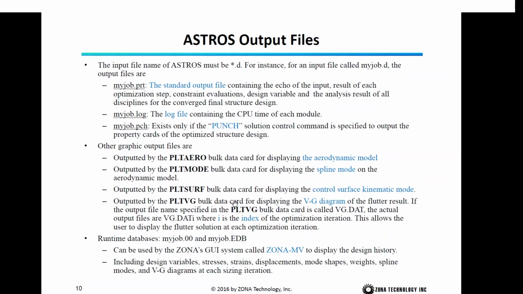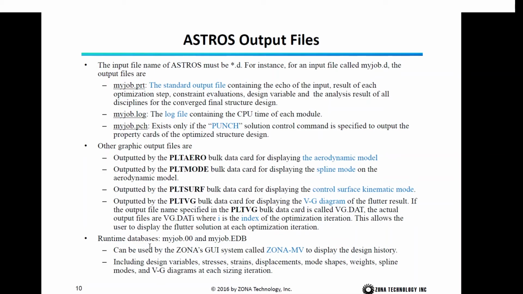In the plot VG card, for example, you define an output file name called vg.dat. The actual output files are vg.dat.i, where i is the index of the optimization iteration. So if ASTROS uses 20 iterations to find the optimized structure, then you have 20 vg.dat files, starting from vg.dat1 to vg.dat20.